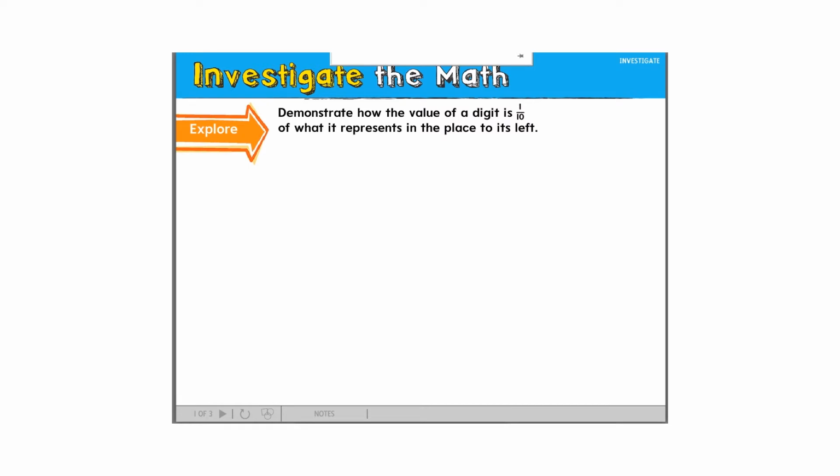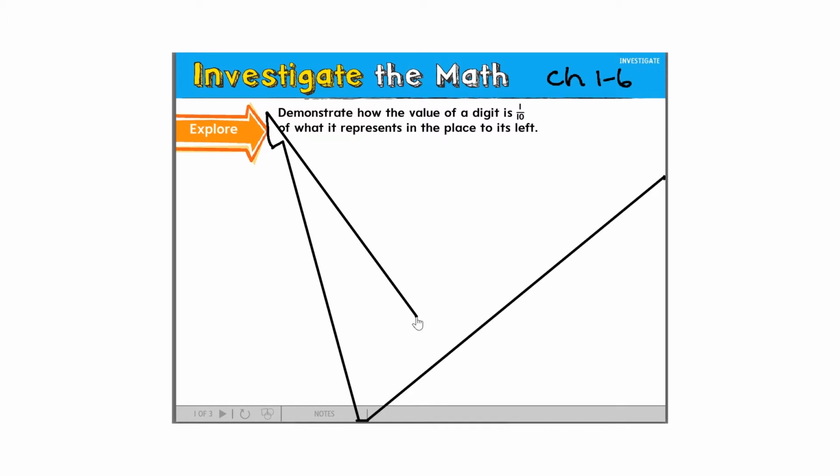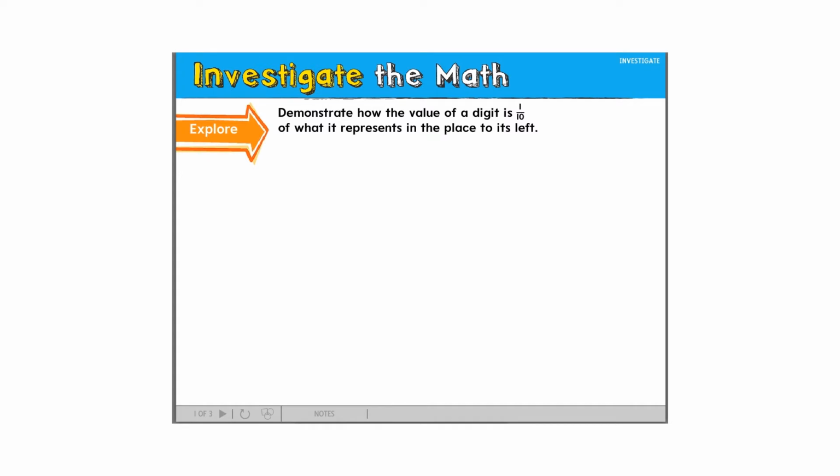So today we're on chapter 1, lesson 6. If you didn't write this already, place value through thousandths. Let me reset this one. There we go.